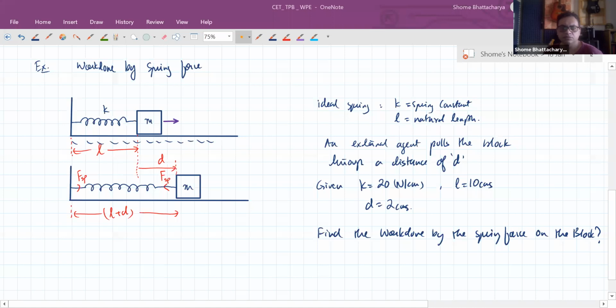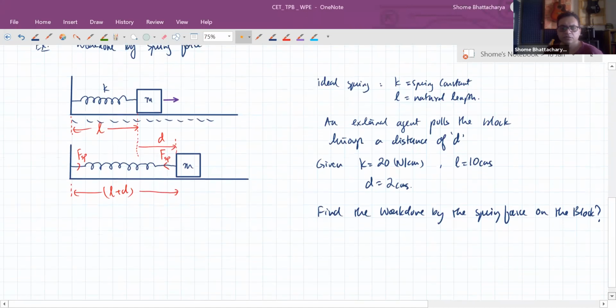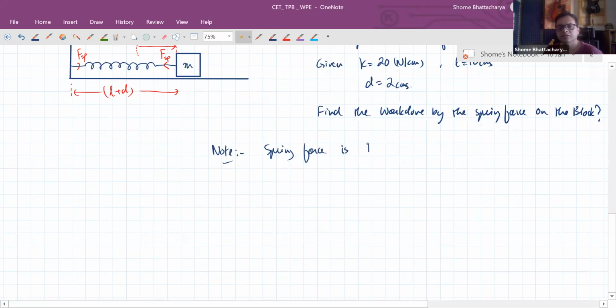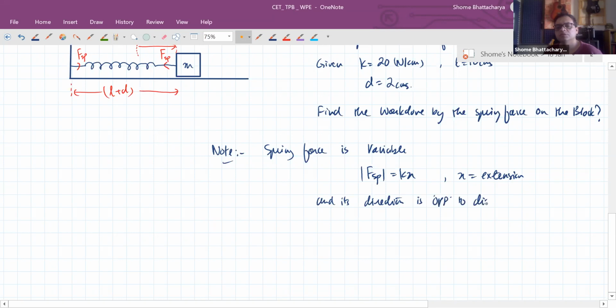Yes, that's correct. So we'll have to use that. The spring force is variable, so we have to integrate. The first thing here is that the spring force is variable because its magnitude is kx, where x is the extension, and its direction is opposite to the displacement.